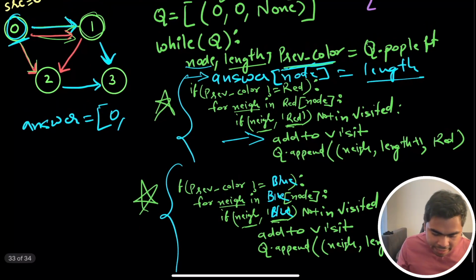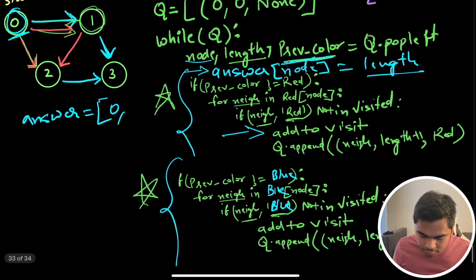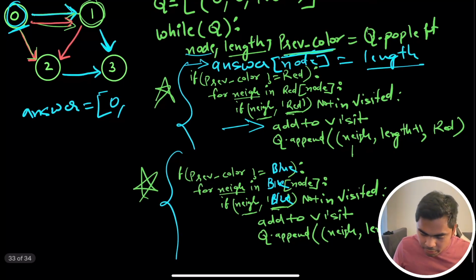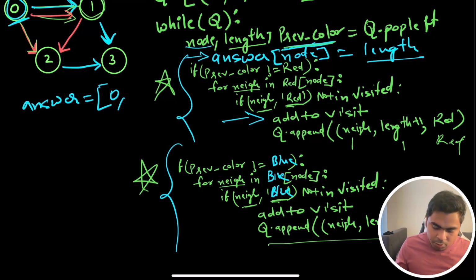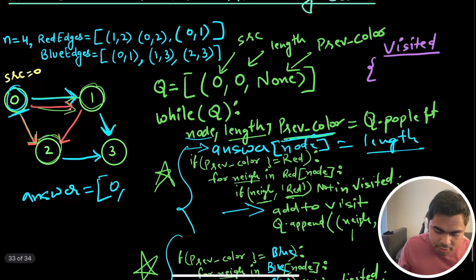So that means I have appended this node 1. So 1 is 0's neighbor, then length would be basically 1. Initially it was 0, and then I have appended red color right here, and I have done this one for blue. And I will do 0 just red because there is only one edge going from 0 to 2. That is right here, 0 to 2.